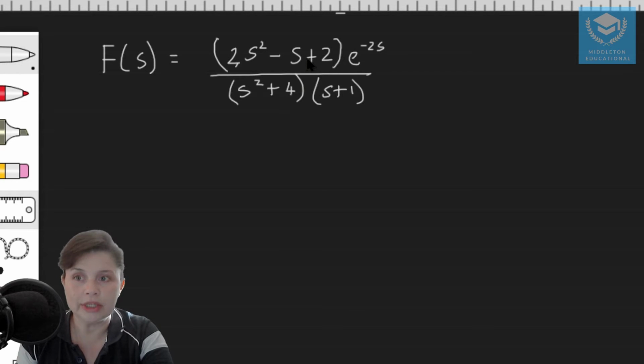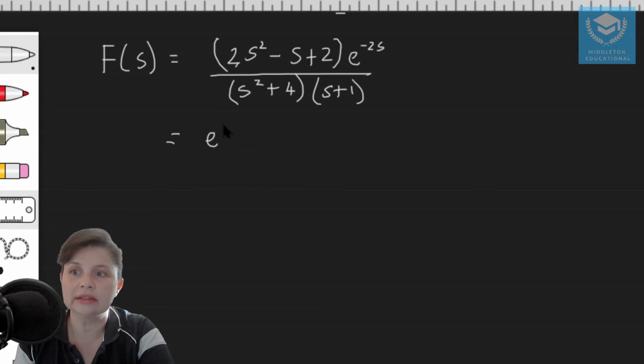When we look at the numerator, you'll see that you have this exponent here. Whenever you've got an exponent hanging around in a function like this, it means you are working with the Heaviside step function. So the first thing you want to do is get that exponent to the side.